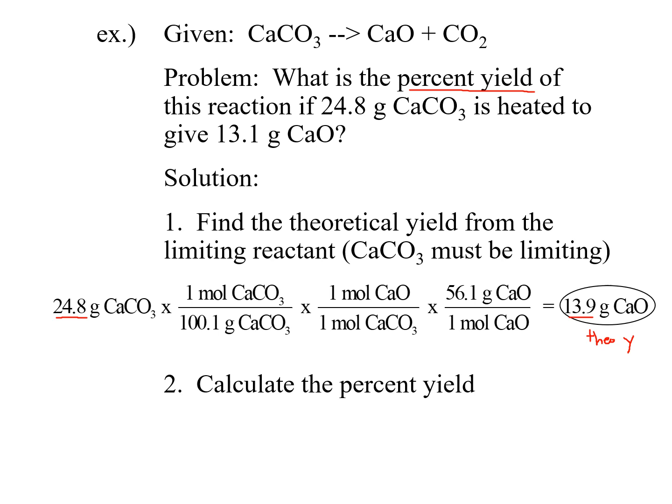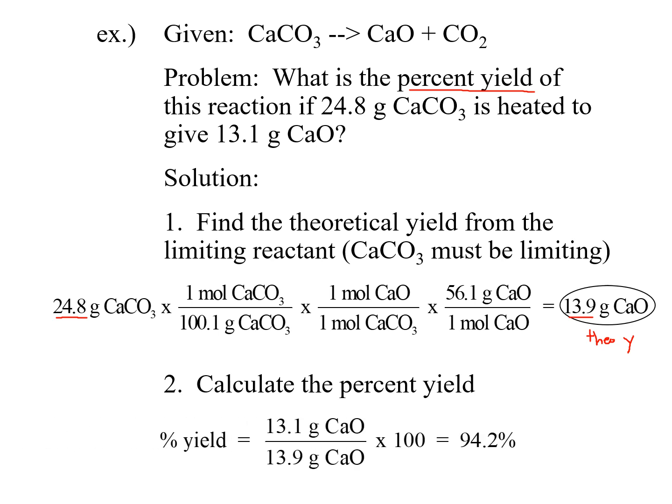Percent yield is actual divided by theoretical times 100. Well, remember the actual from up above here? It was 13.1 grams of CaO. But the theoretical we just figured out was 13.9 grams of CaO. So we only produced 13.1. We were supposed to produce 13.9. So what percent is that? That's 94.2%. That is the percent yield. That's how much we produced compared to what we should have produced if everything went perfectly.